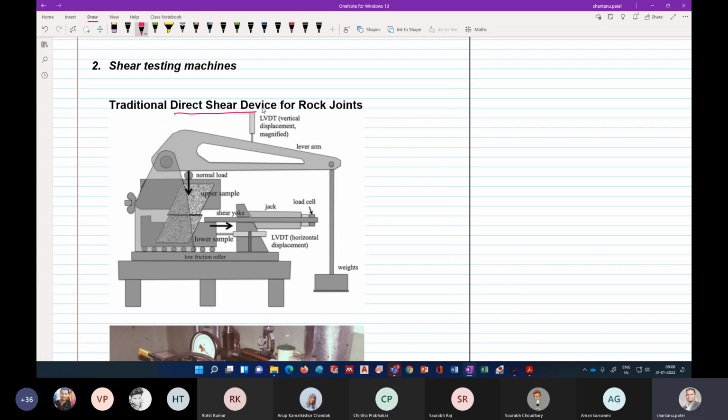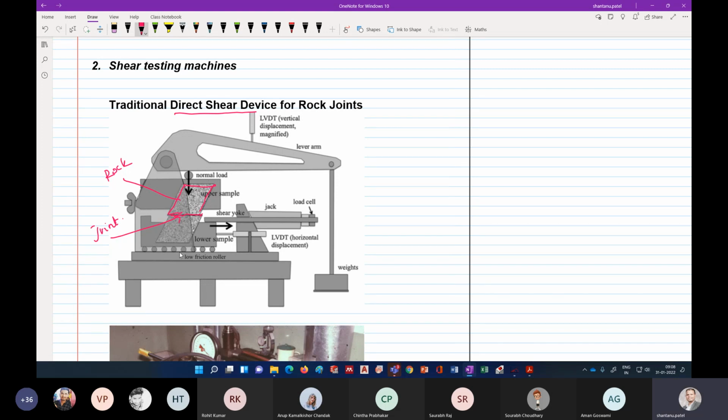So here there are a few things. First thing is the rock, and this is your joint. So these joint properties we are trying to find out.